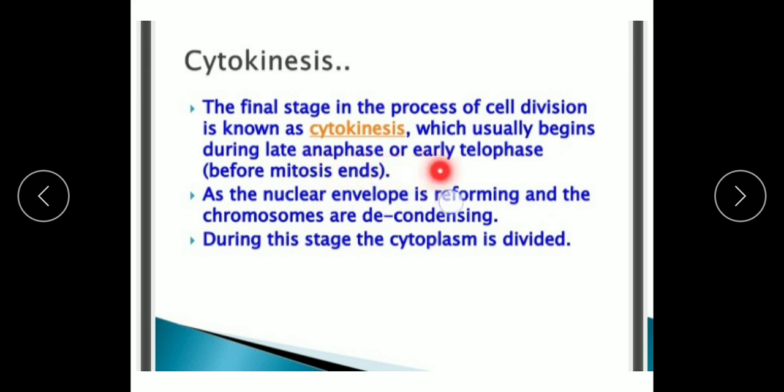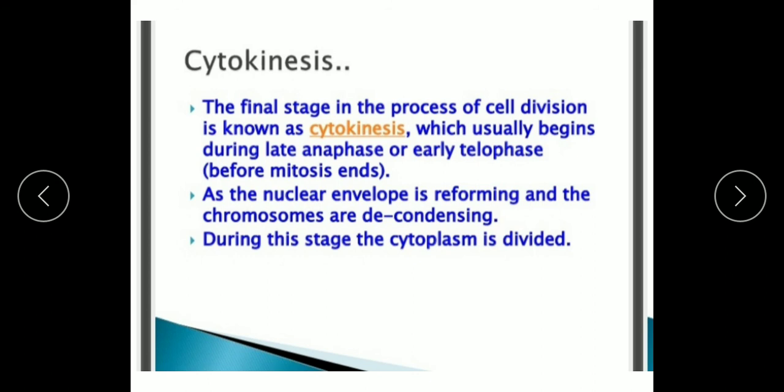So before mitosis ends, cytokinesis is initiated, as the nuclear envelope is reforming and the chromosomes are decondensing.